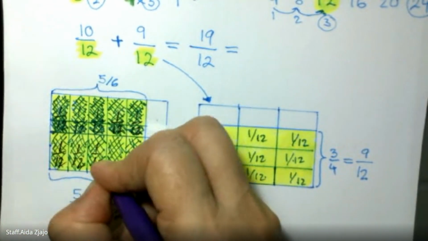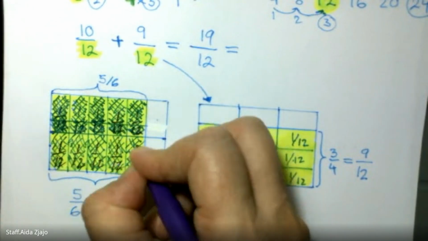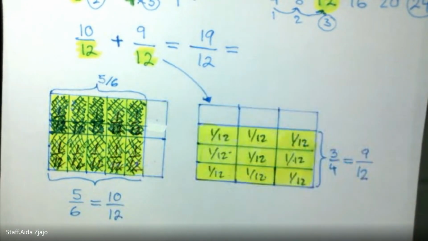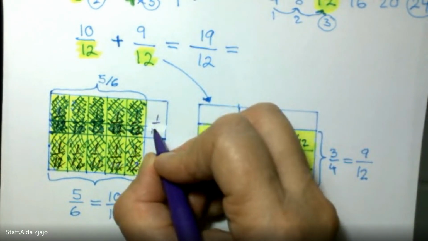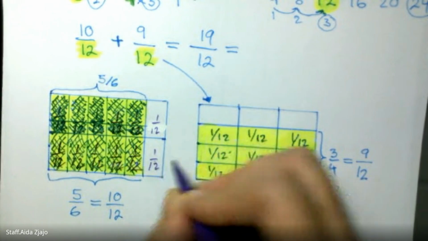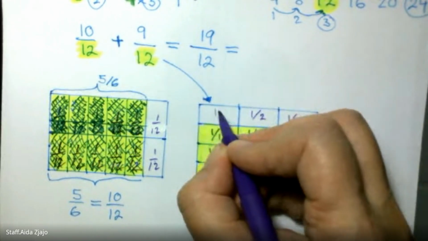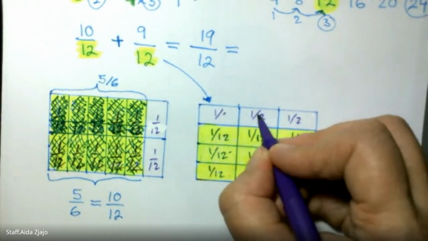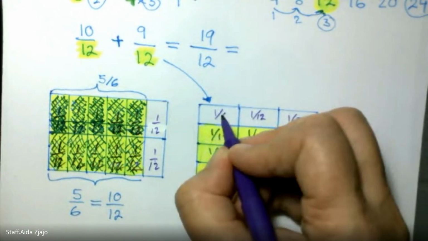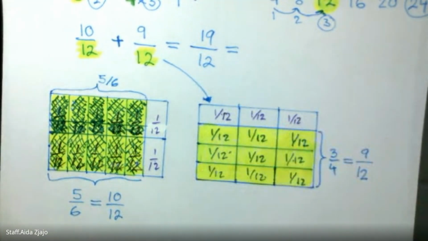We always label so we can show what it really means, even though these are 12ths and we don't have those pieces anymore, but they represent the whole that used to be. So that's also shown as 1/12.